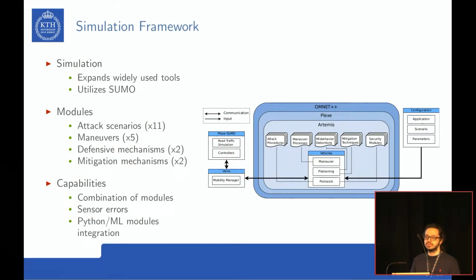It allows us to combine all of these modules in whatever combination we want in order to test the platooning ecosystem as a whole. And of course, we introduce a machine learning module, or a Python integration module, in order to integrate machine learning algorithms as a defensive mechanism, either offline as a forensic tool, for example, or online during the simulation.